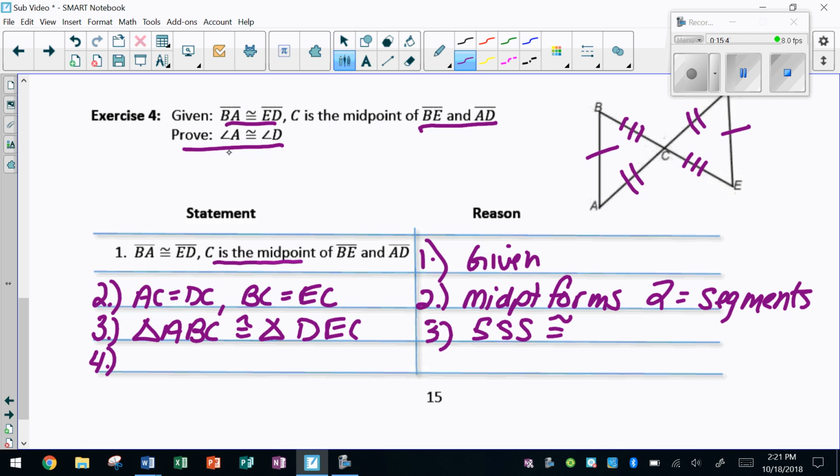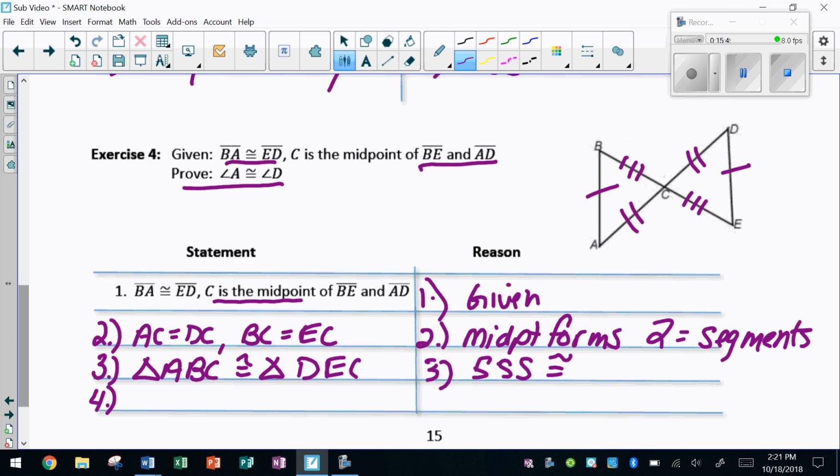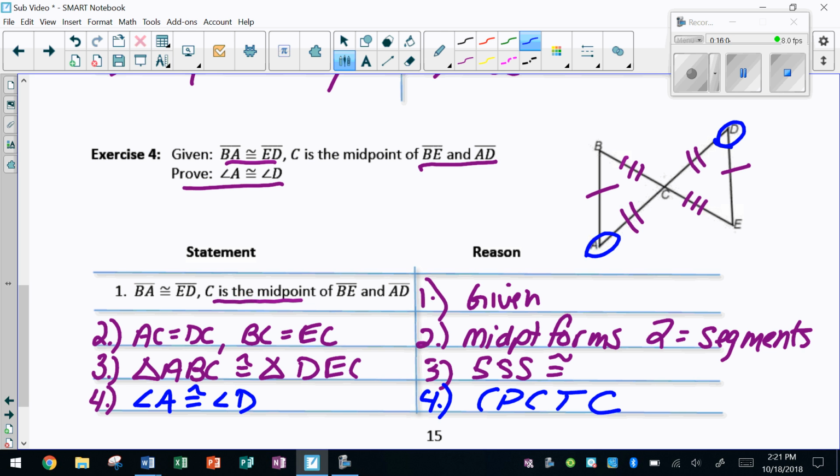Well, if you look at angle A and you look at angle D, angle A and D are absolutely corresponding to each other. So I'm going to finish off with angle A is congruent to angle D because corresponding parts of congruent triangles are congruent, also known as CPCTC.